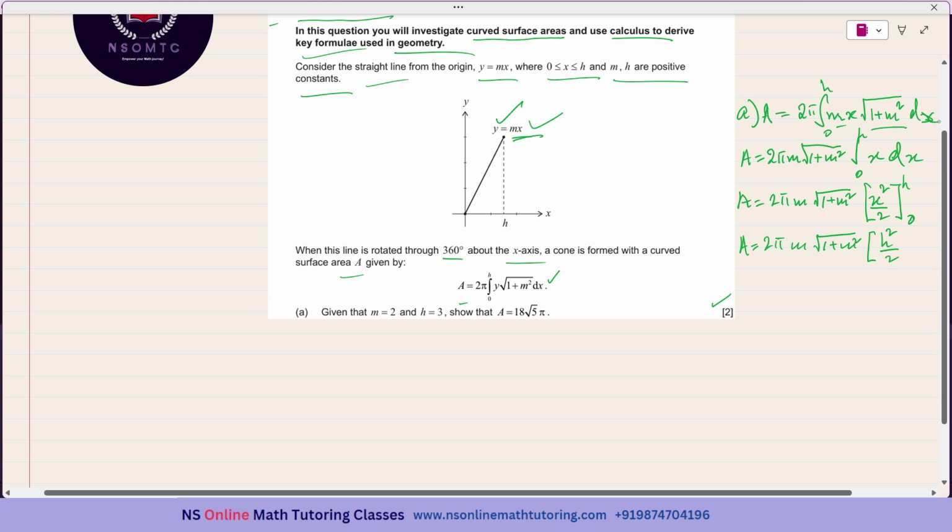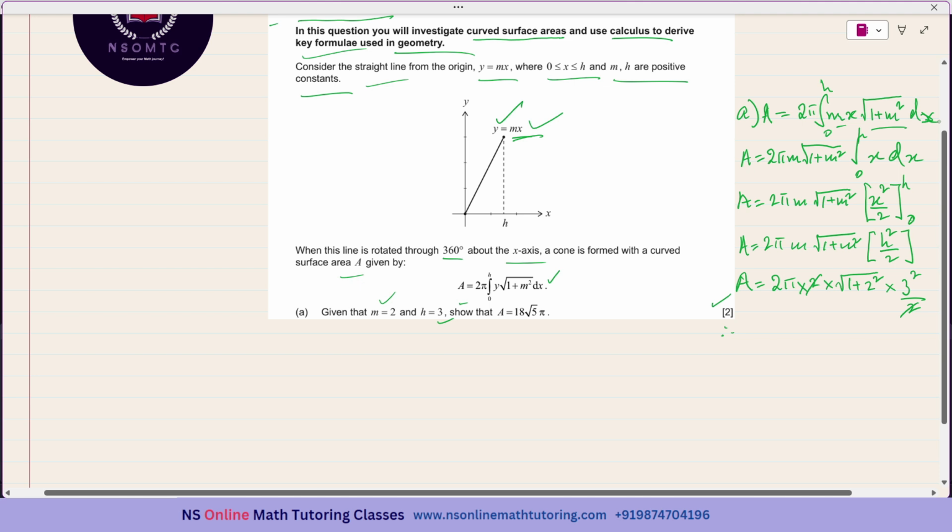So it is basically h squared over 2. And now I'll be substituting the values of m and h in this formula. 2 pi, m is equal to 2, so times 2, times the square root of 1 plus 2 squared, times h equal to 3, so 3 squared over 2. These two can get cancelled.